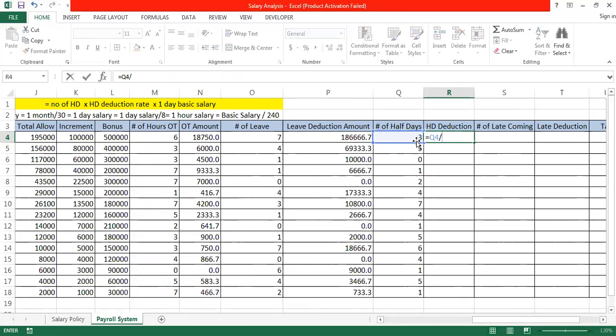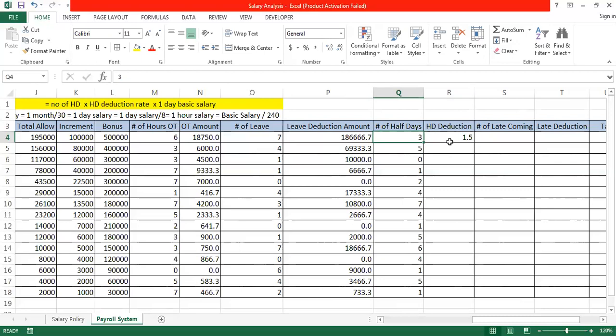So if number of half days divided by 2 gives you a 1.5 value, I'm going to round it down with 0 decimal places. I don't want any decimal places, so that on one half day there is no deduction. On 2 half days there will be 1 day deduction.